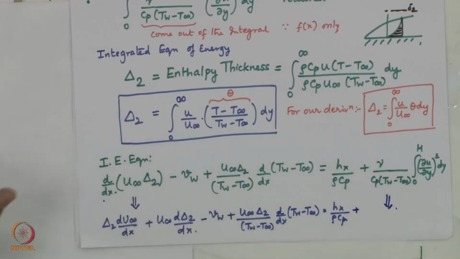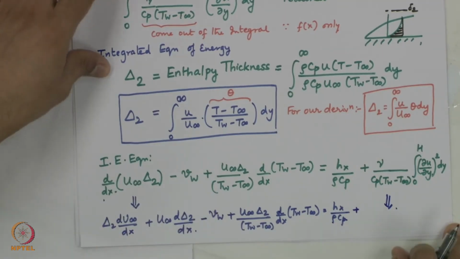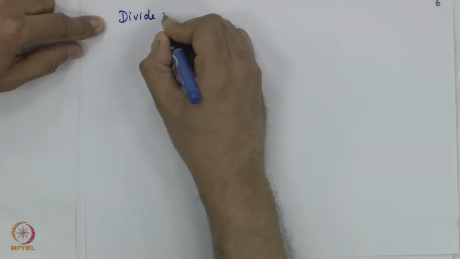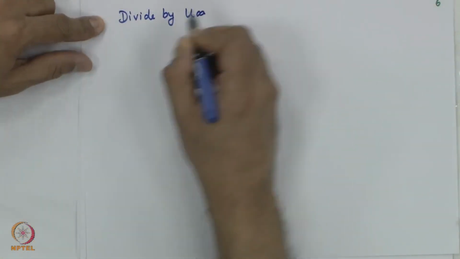This is as it is, I am not writing it. Now, I shall divide throughout by u infinity, since I have u infinity everywhere. So, divide through and do the algebra one or two steps more.